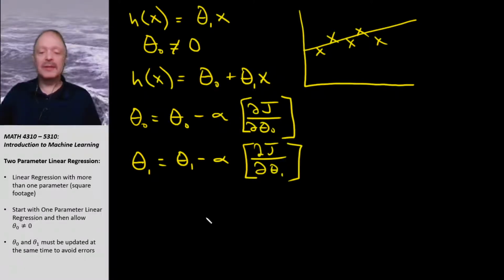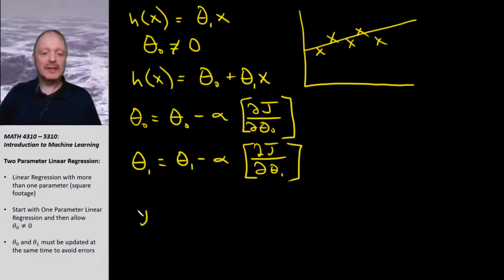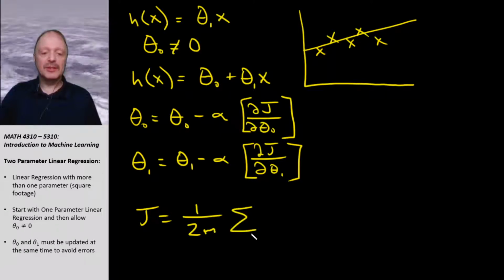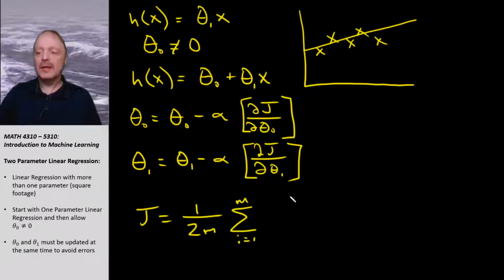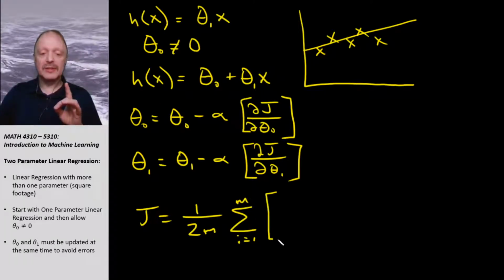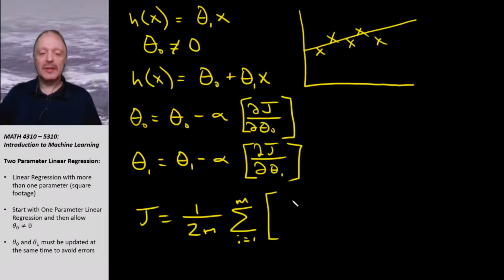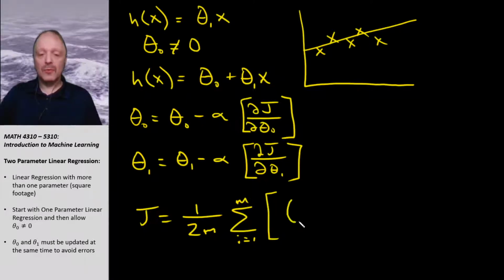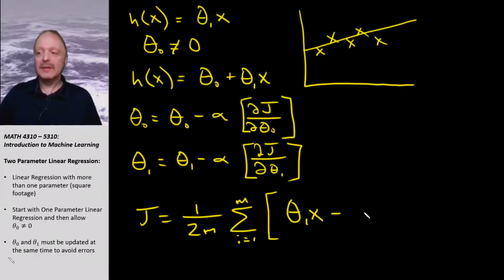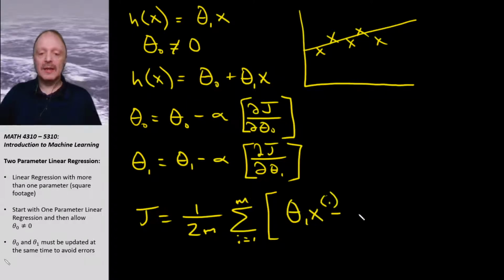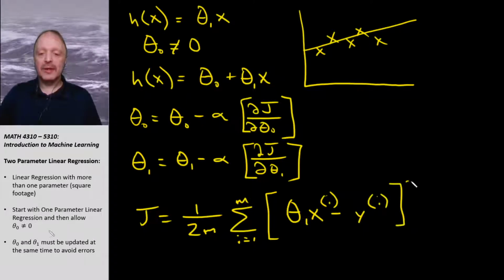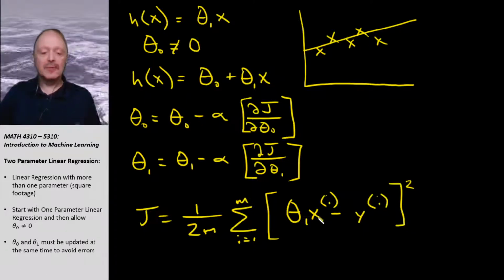And just as a reminder, the cost function J was equal to 1 over 2m, summation i from 1 to m. And before, and I'll change this in just a second, it was theta 1 x_i minus y_i, quantity squared, right? That's our MSE. But now we're not going to have that.